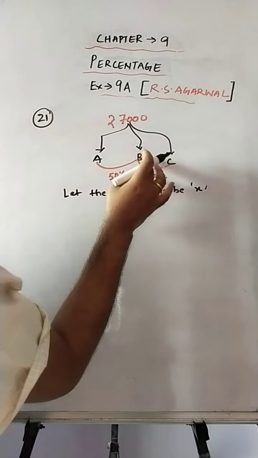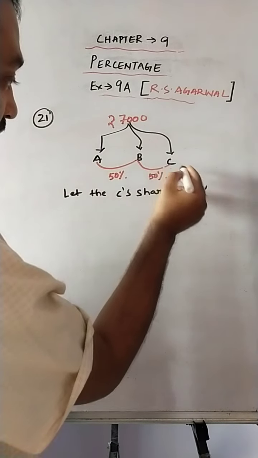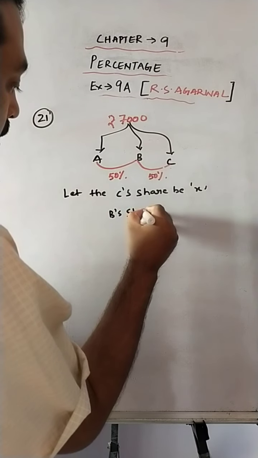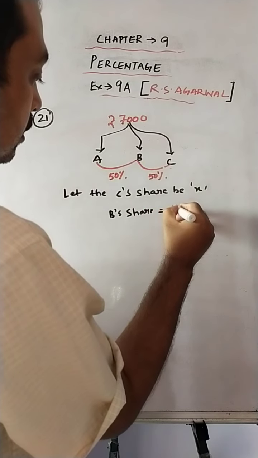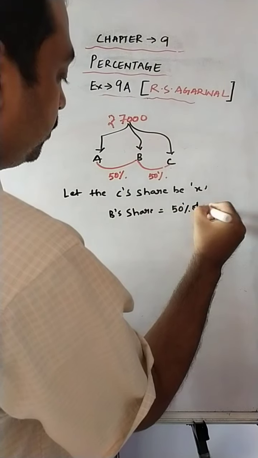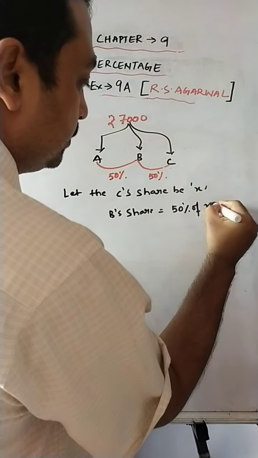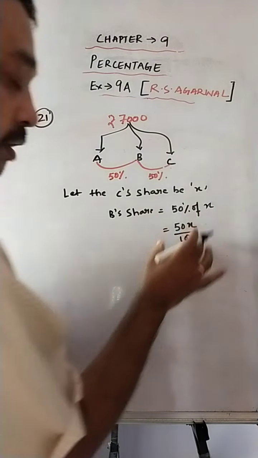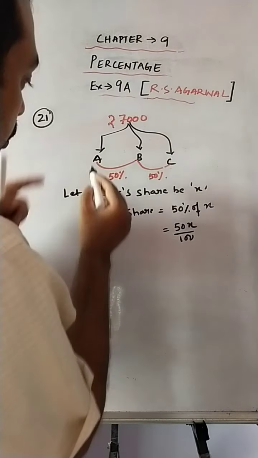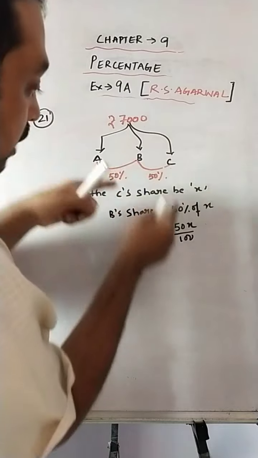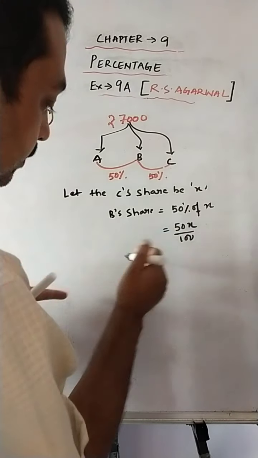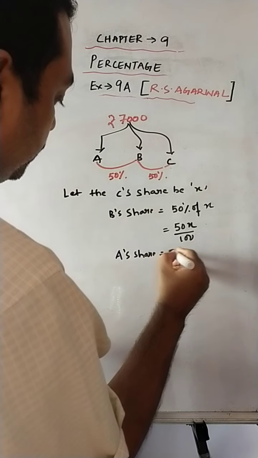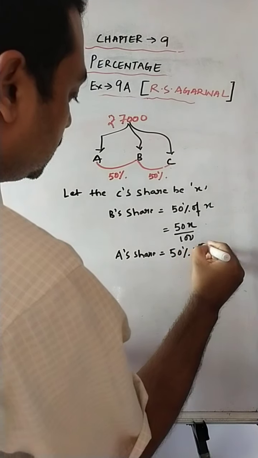Now what will B get? 50% of what C has got. So B's share would be 50% of C's share, that is x. So that would be 50x by 100. We'll not reduce it, we'll keep it this way. And what will A get? A will get 50% of what B has got. So A's share would be 50% of B's share.